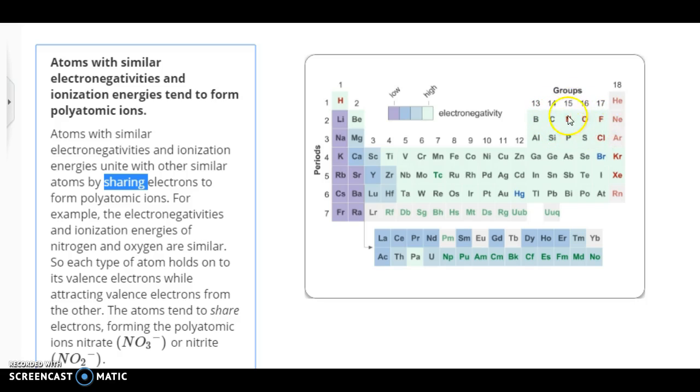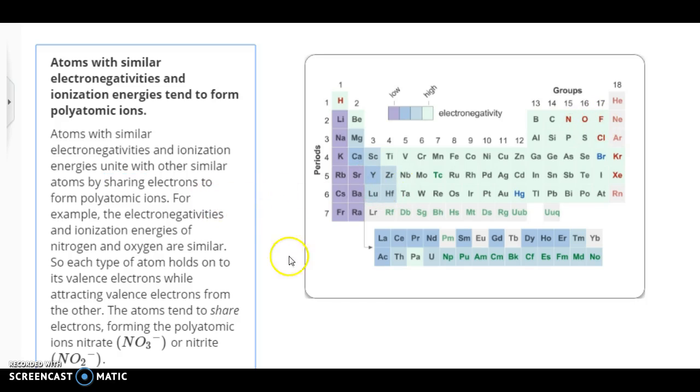But now the nonmetals are also going to share electrons with each other. We have nothing to do with the metals now, because a metal and a nonmetal made an ionic compound. Now we're making a polyatomic ion, so we're only dealing with nonmetals coming together and sharing because they each want more. Well, if they both want more, one of them can't give some up. The only thing they can do is share them.